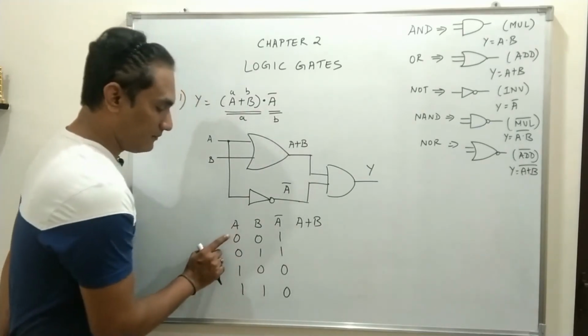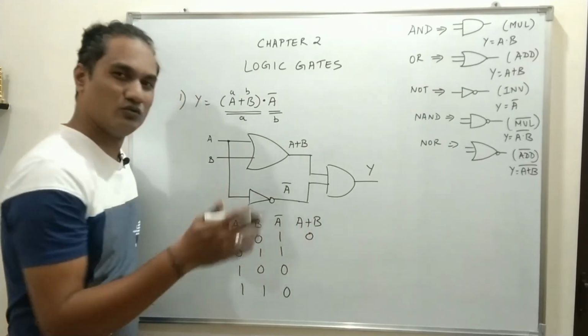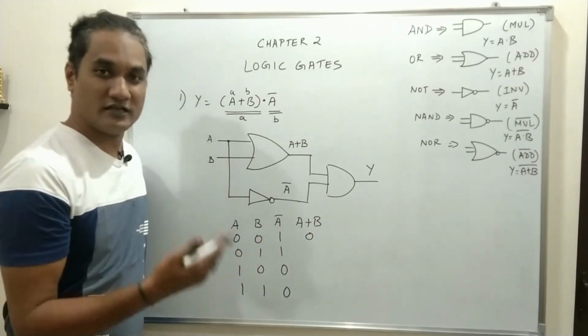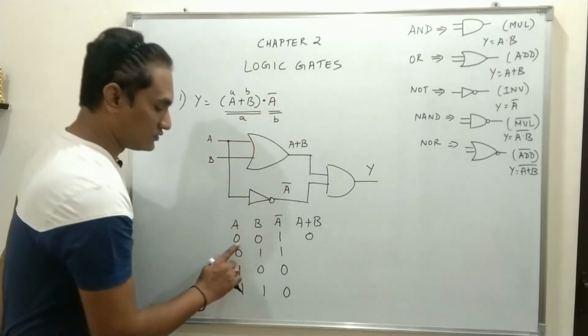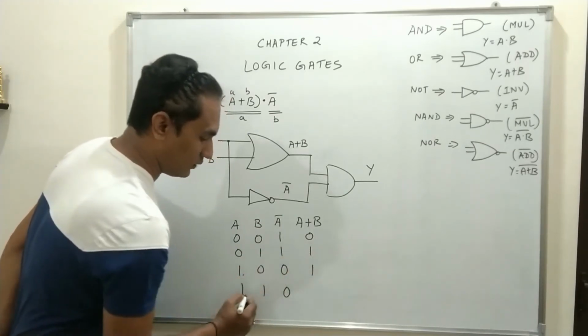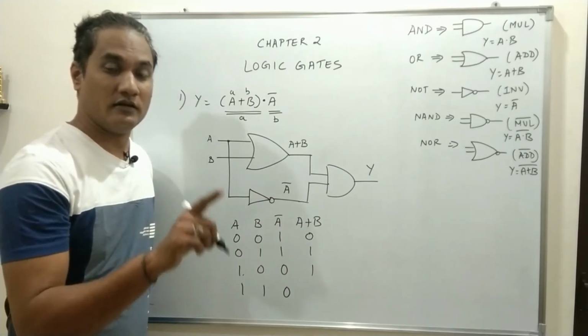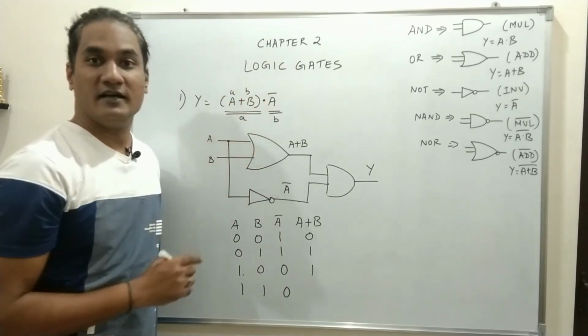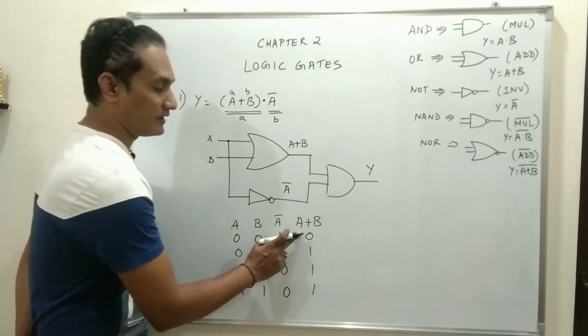So for A or B, 0 and 0, 0. You can remember it as a definition, or you can remember it as addition. So 0 plus 0, 0, 0 plus 1, 1, 1 plus 0, 1, 1 plus 1. In case of OR operation, it will be 1. If it is addition, it will be 10. In OR, 1 plus 1 will be 1. So you got A plus B.